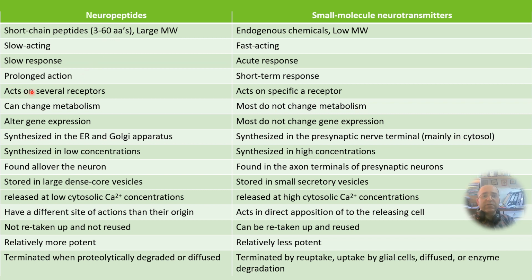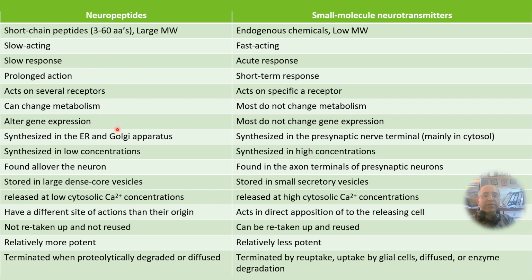Neuropeptides can act on several receptors, so you can have one peptide binding to different receptors, but for small molecule neurotransmitters, they have their own specific receptors. Neuropeptides can change metabolism, but not necessarily for small molecule neurotransmitters.